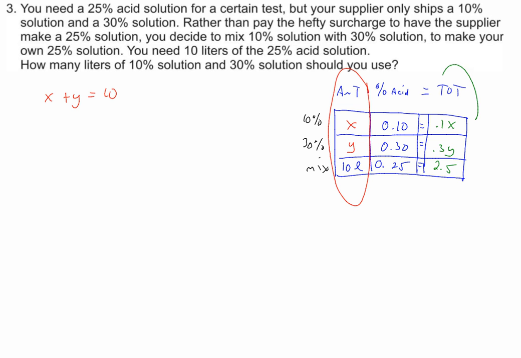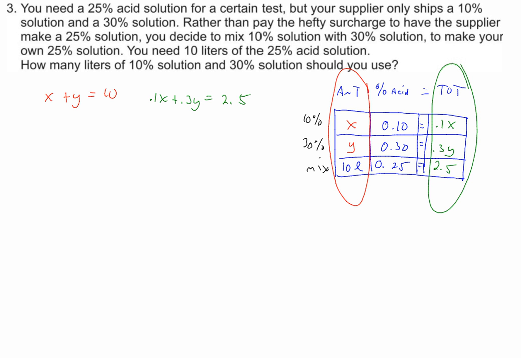And as Raquel said, the equations come from the variable columns. So our second equation comes from the total column, which again is also a total equation. Adam, give me the total equation for the total column. 0.1x plus 0.3y equals 2.5.